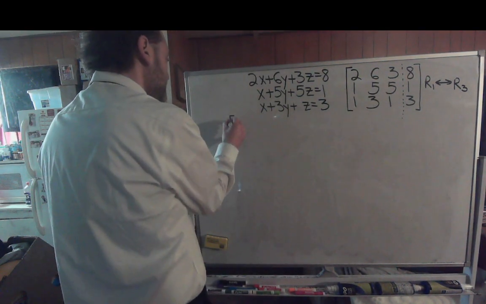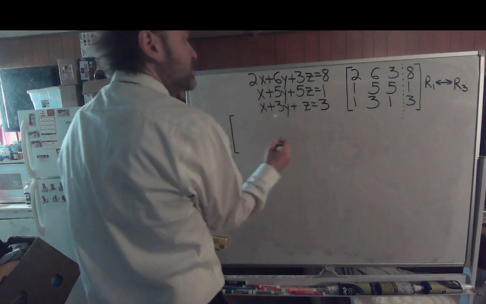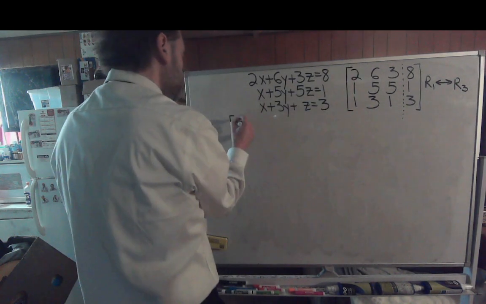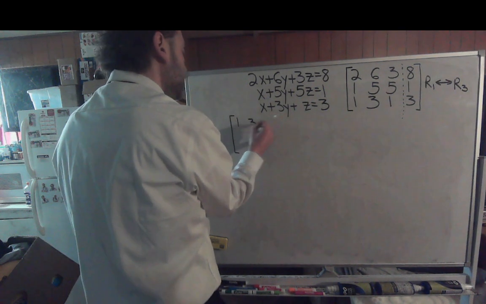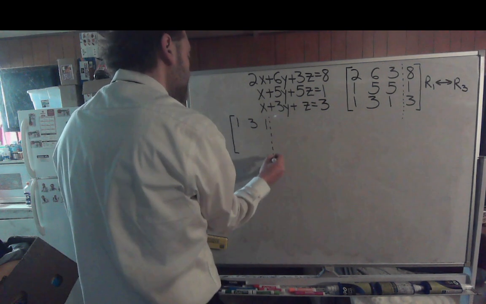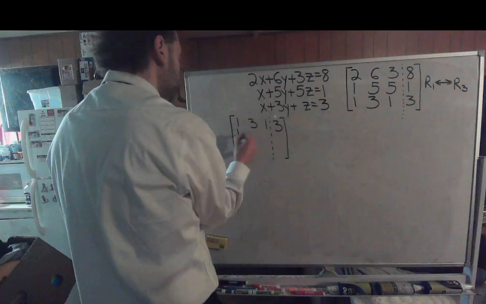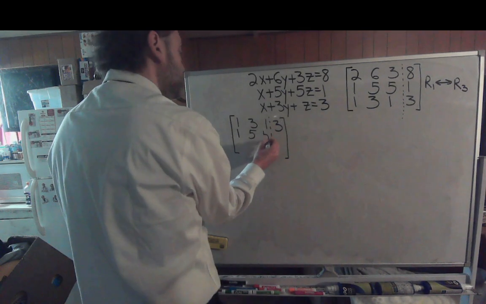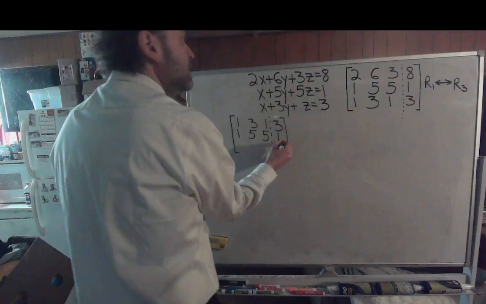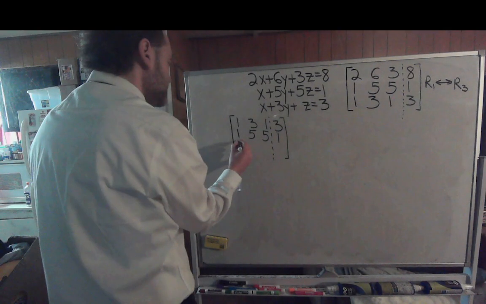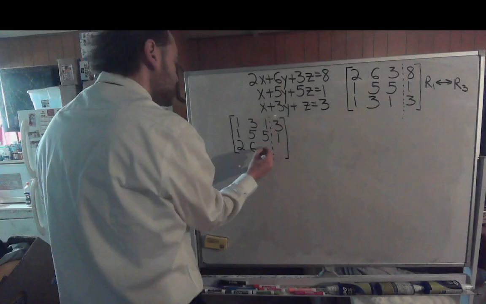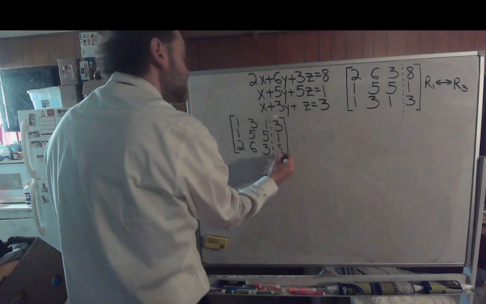So to set that up, row 3 becomes row 1, so you'll have 1, 3, 1, and then 3. Row 2 is left alone for now: 1, 5, 5, 1. Then row 1 became row 3, so you'll have 2, 6, 3, and 8.